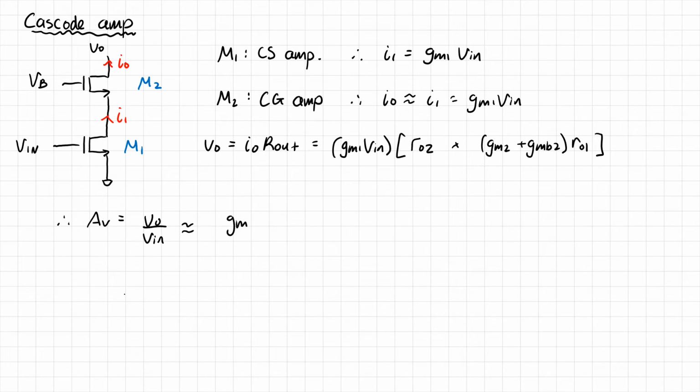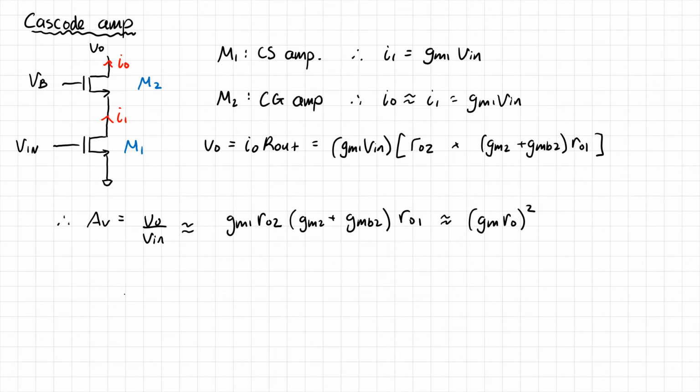It's GM1 times RO2 times GM2 plus GMB2 times RO1. Which is, if we assume that the transistors have the same size, same current, obviously very similar properties, then we can say this is approximately equal to GMRO squared.